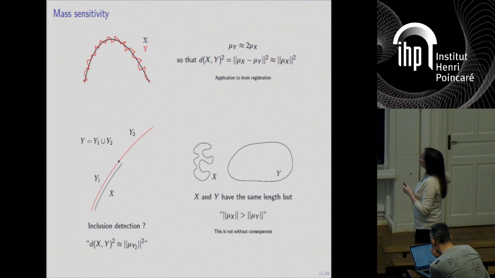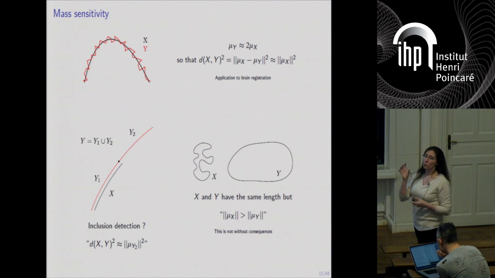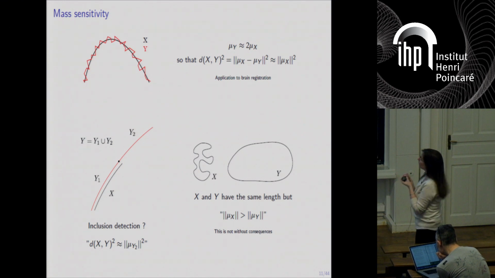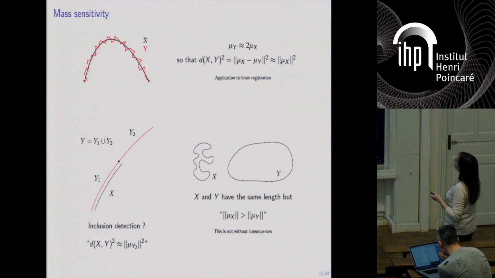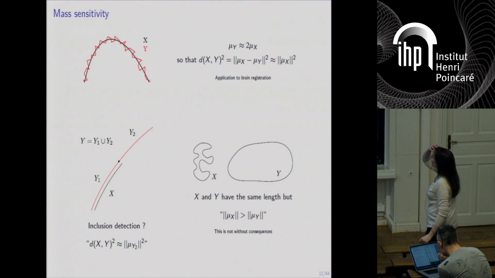So the distribution of mu y can be approximated by twice the distribution of mu x, because locally, spatially, the points are at the same position. It's just the quantity of mass that is changing. And so when you compute the distance between the two shapes, you obtain this difference amount of mass, which is the mass of mu x.